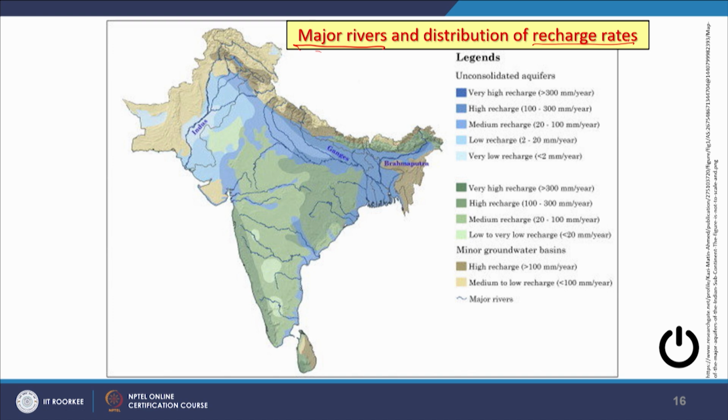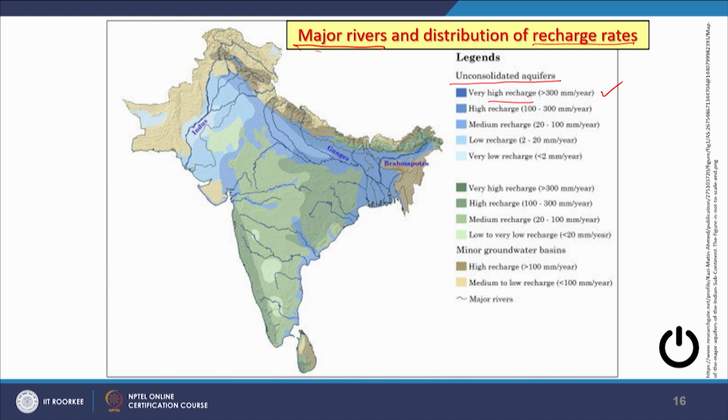The unconsolidated aquifers occupy a large part of the Indo-Gangetic plain and some parts of deserts. So very high recharge is possible, but in desert parts we do not get much rain. That is basically a challenge from that point of view. Rainfall is less, but these formations are very suitable for high groundwater recharge.